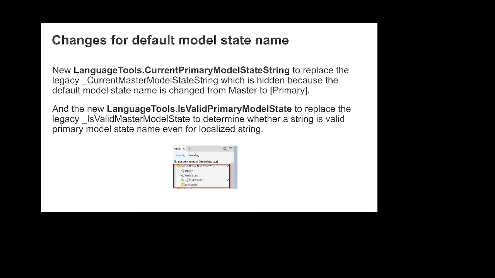For that reason, in the LanguageTools object, the CurrentPrimaryModelStateName string has replaced CurrentMasterModelStateName, which is now hidden because the default model state name changed from master to primary. Similarly, IsValidPrimaryModelStateName has replaced IsValidMasterModelStateName, to determine whether a string is a valid primary model state name, even for a localized string.